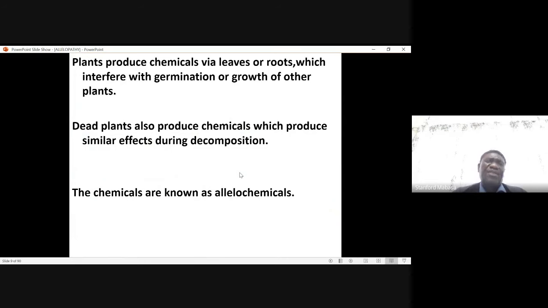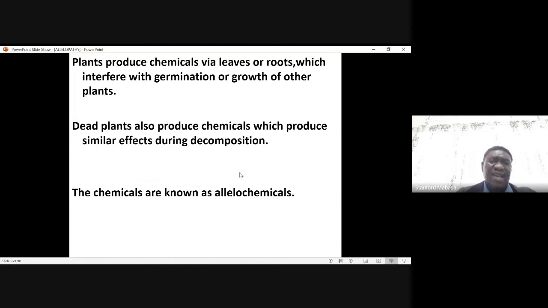So plants produce chemicals via leaves or roots, which may interfere with the germination or growth of the other plants. So we do have live plants which can produce chemicals which have got an impact on germination and growth of the other plants.